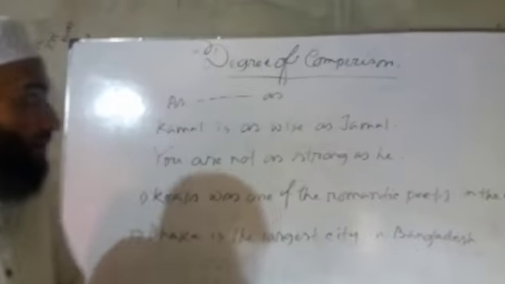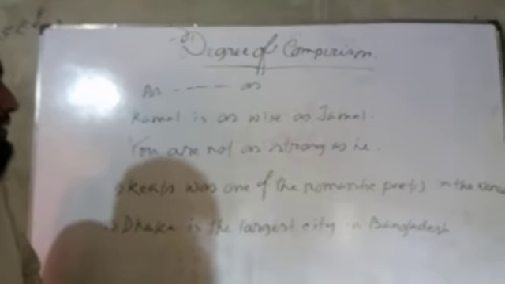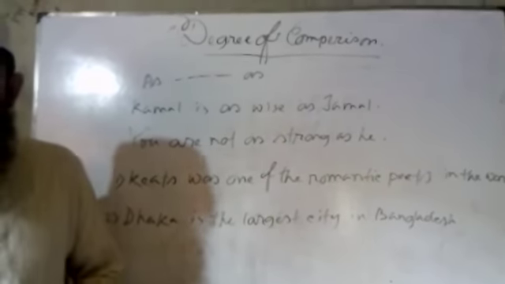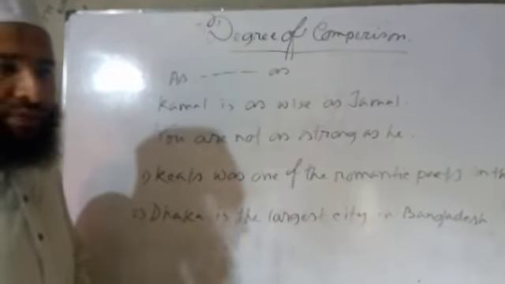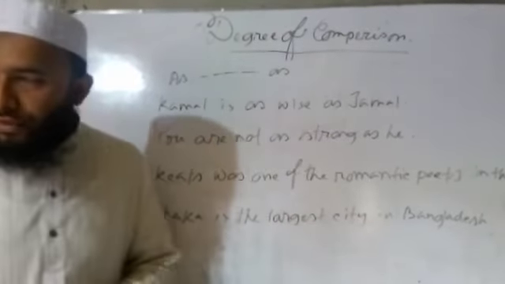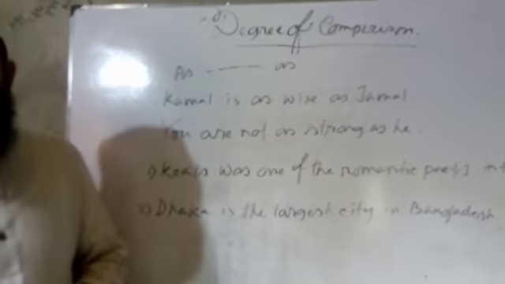In our previous class, we discussed some basic rules of degree of comparison. Basically, I discussed two rules, no other and very few, and the different forms of comparative and superlative for them.